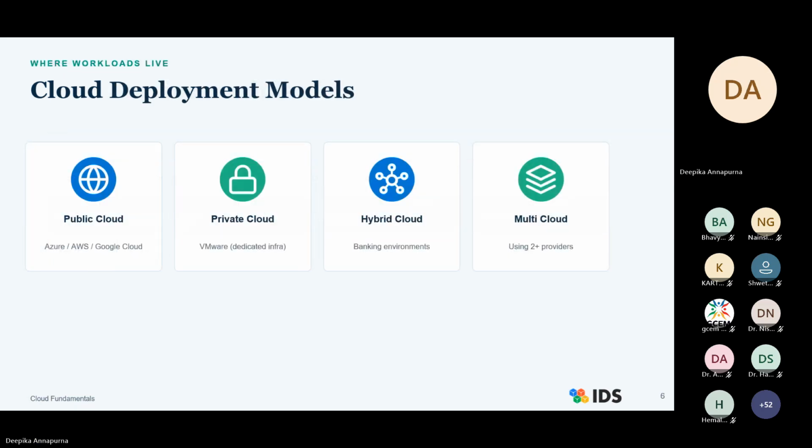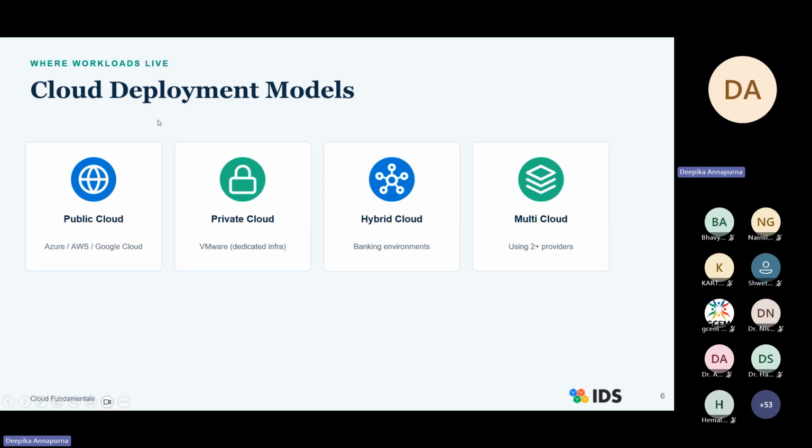Next, where are these cloud services actually deployed? That is cloud deployment models. Organizations will choose different deployment models depending on their business and their security requirements. We have four different models here. The first one is the public cloud, where the services are provided over the internet by providers like Amazon Web Services, Microsoft Azure, and Google Cloud.